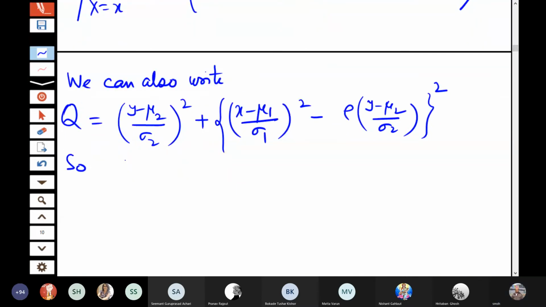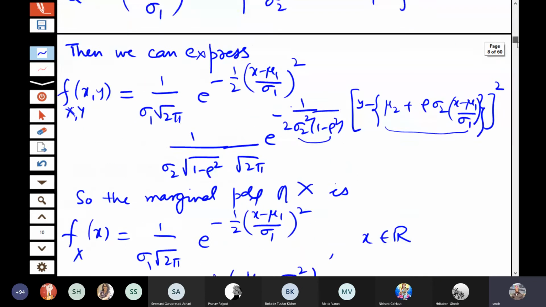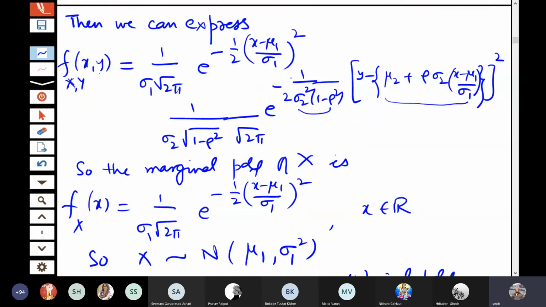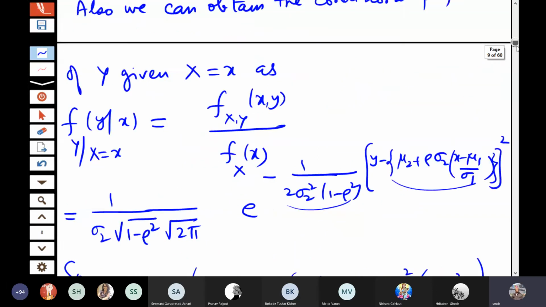So this particular term that I wrote, that is the joint density of x, y, split into two parts, I can again do the same thing.